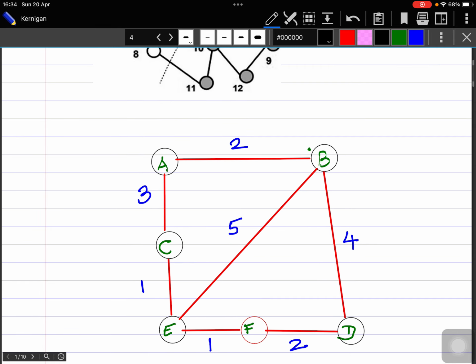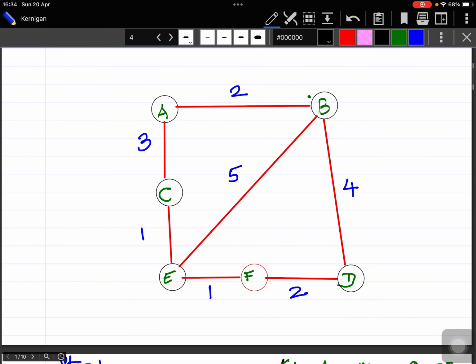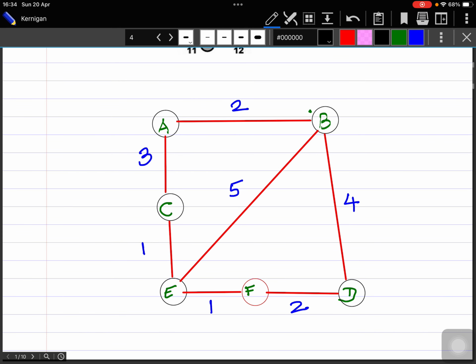For this I have taken a graph which has 6 nodes: A, B, C, D, E and F. The weight between the nodes A and B is given by 2. This weight may be due to various factors such as the length of the wire, the delay of the wire, etc. All the cost weights are given between 2 nodes.